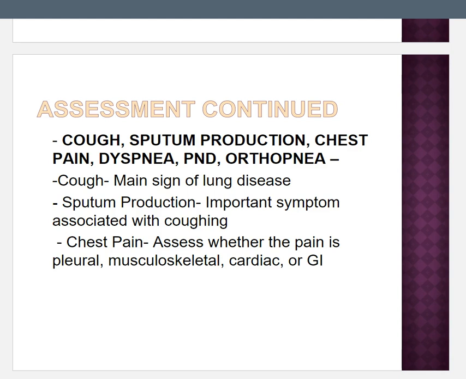Hemoptysis, which is basically blood in the sputum, could denote that your patient may have a pulmonary infarction, a bronchial adenoma, or basically just a cancerous tumor that maybe is eroding against a vessel in the pulmonary system.